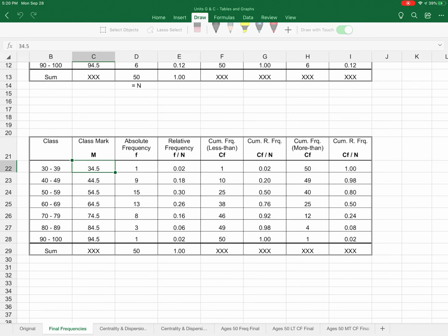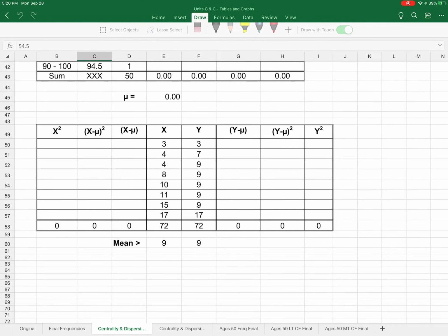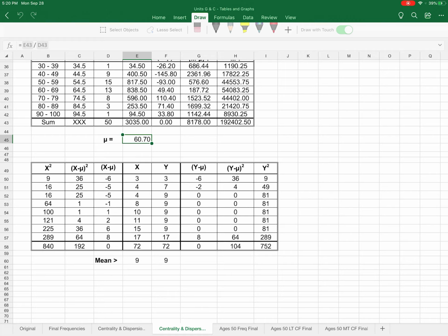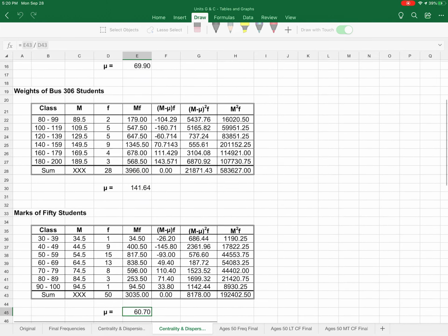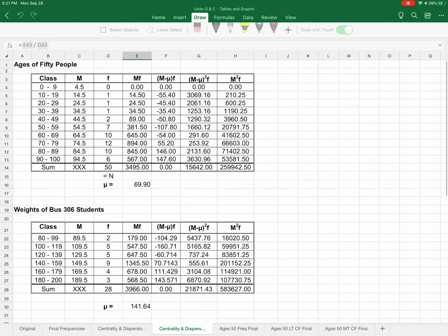Now remember, this is actually in the supplementary files, and so you can find this in that folder there. So let's take a look here at the ages of the 50 people up at the top. And what we do for each class is we come up with a class mark and then a frequency. And so those two are given to us.